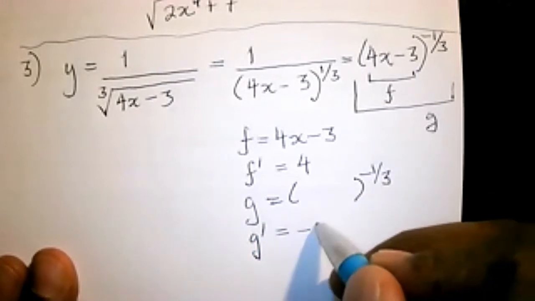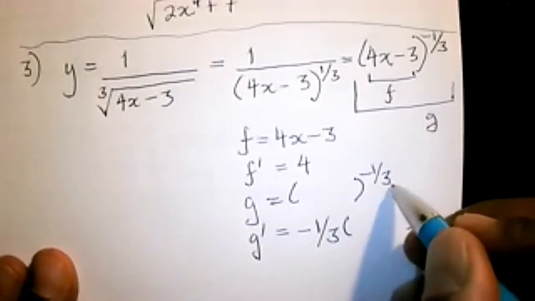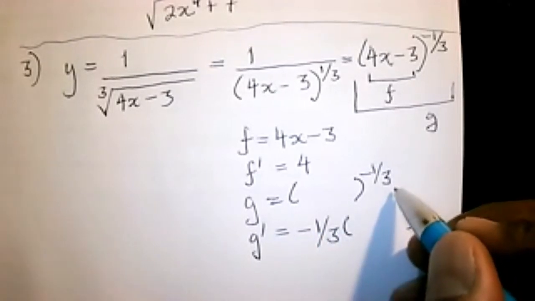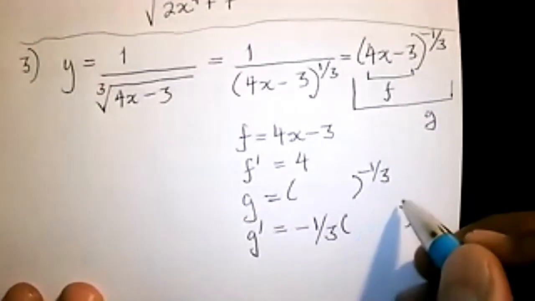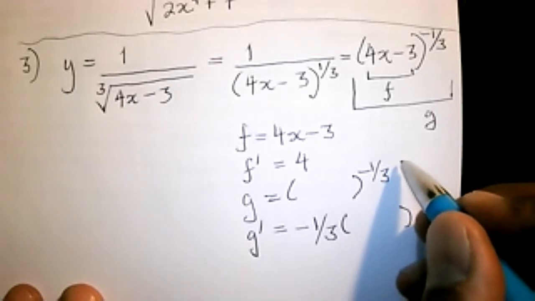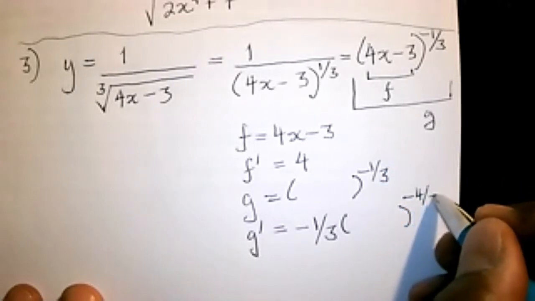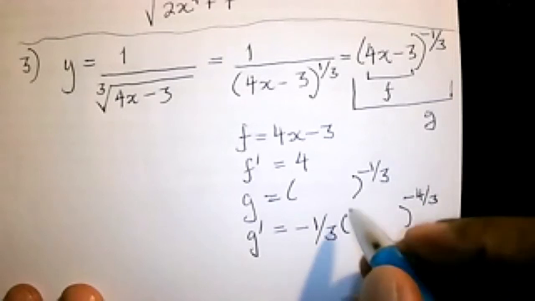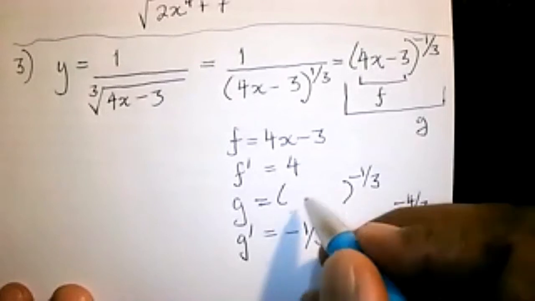So here it's minus 1 over 3 times the bracket. Now, minus 1 over 3 minus a third is what? It remains negative, isn't it? Because 1 is 3 over 3, so it becomes minus 4 over 3. So now that we have found the derivative, we can put back the contents.